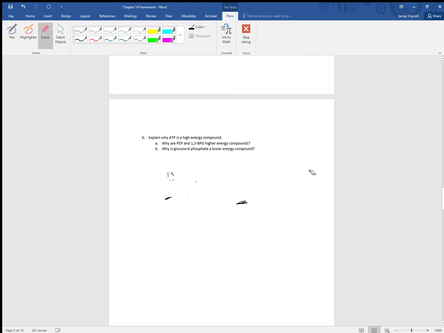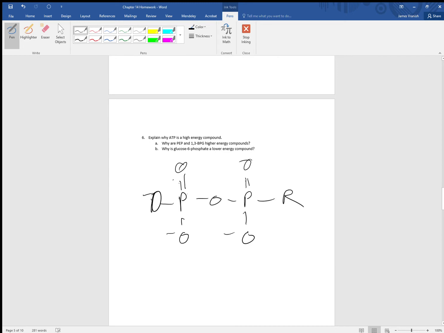All right, now the second reason has to deal with resonance. So when we have a phosphodiester bond, I guess I'll draw the oxygens here. When we have this phosphodiester bond shown here, this bond basically has a number of different resonance forms.